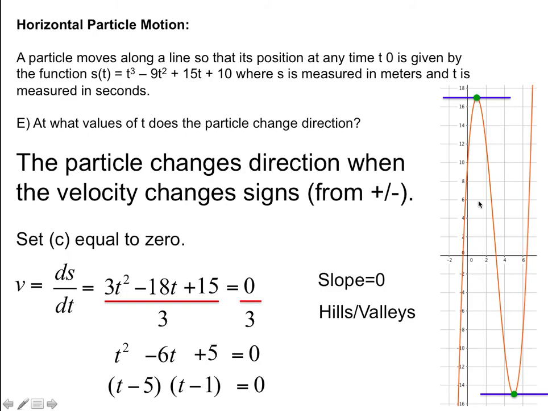And so you might be able to pick those off the graph. Here's my t is equal to 1, and here's my t is equal to 5. So 5 seconds and 1 second are when we are turning around or changing direction. You can almost pick those right off the graph.